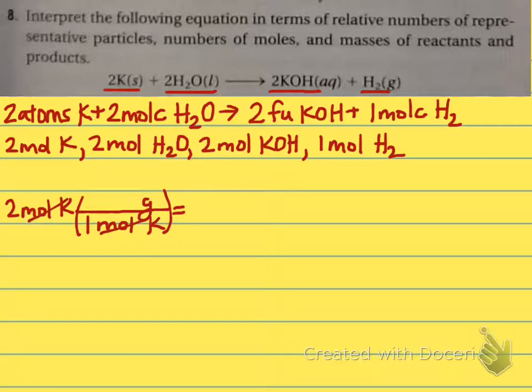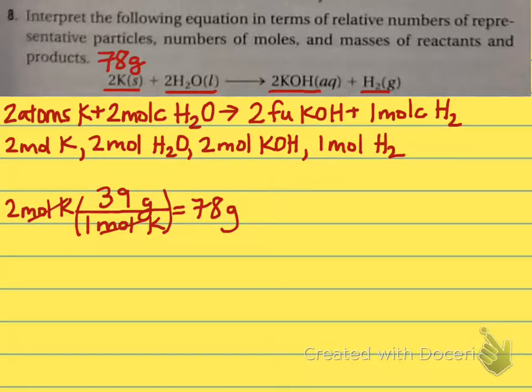Potassium is 39.098, so I'm just going to use whole numbers, so it's going to be 39. And 39 times 2 is 78 grams. So I'm going to go ahead and write that above it.